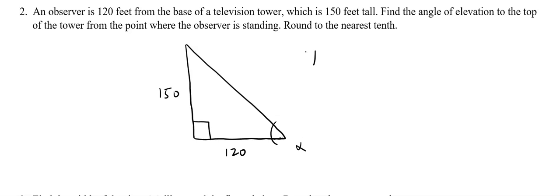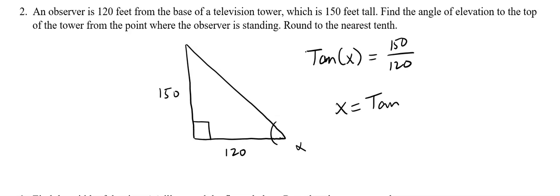So that's describing tangent. So tangent for some angle we're just calling x is the opposite side divided by the adjacent side. And then once again, anytime you're looking for a missing angle, that's going to require that you use inverse trig functions, in this case inverse tangent.